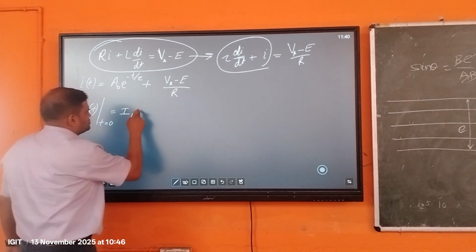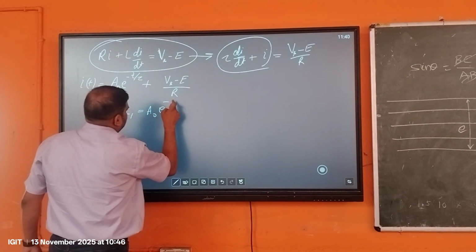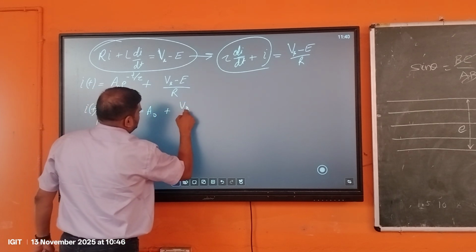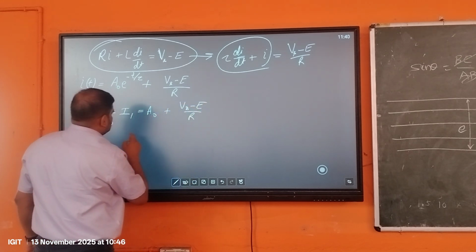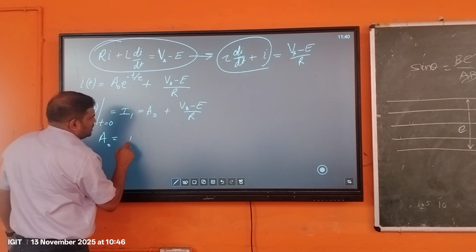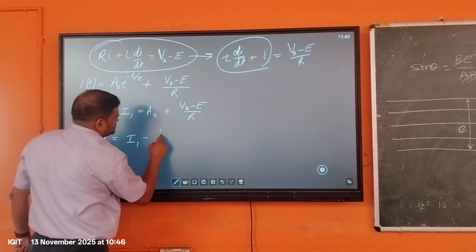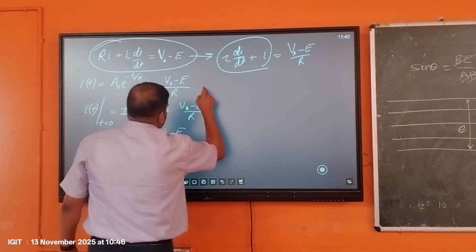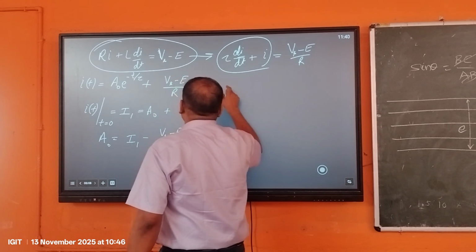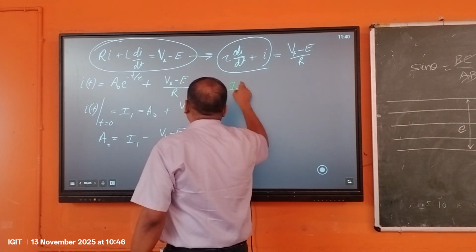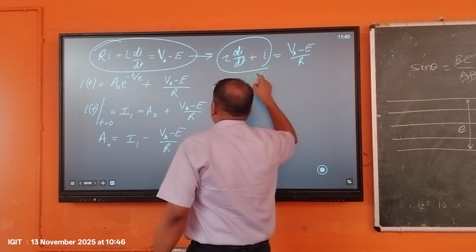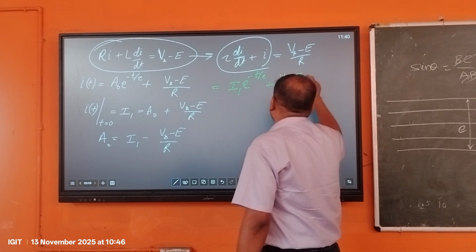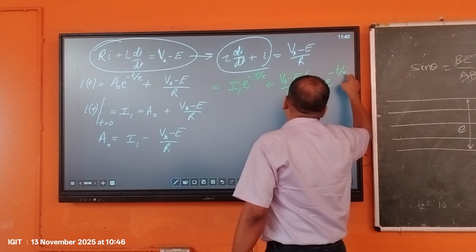So I1 is equal to A0 e to the power minus, at time t equals 0, plus Vs minus E by R. So A0 is nothing but I1 minus Vs minus E by R. If we substitute this value here, it comes out to be I1 e to the power minus t by tau plus Vs minus E by R times 1 minus e to the power minus t by tau.